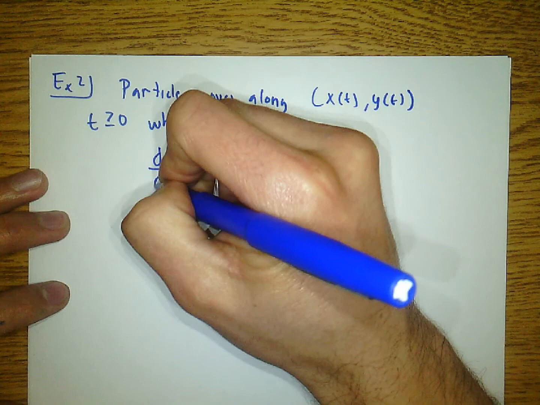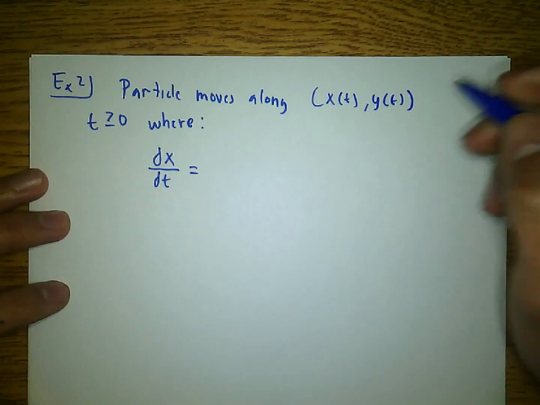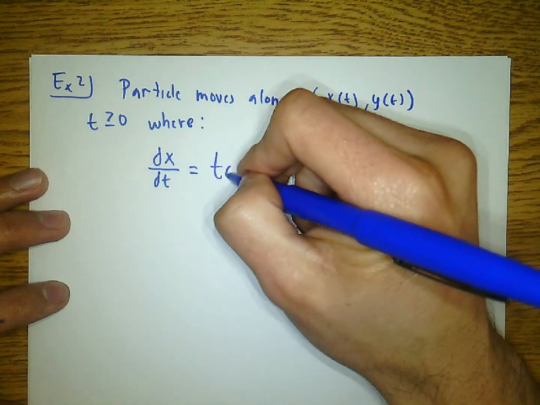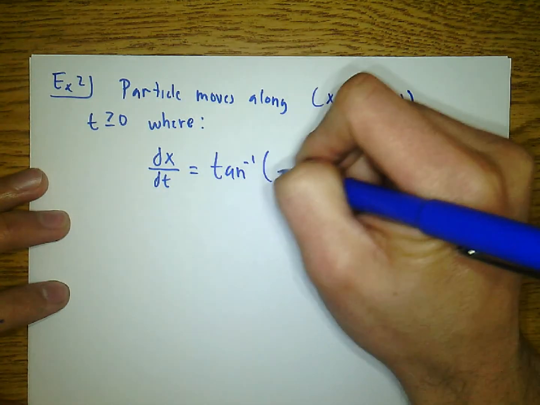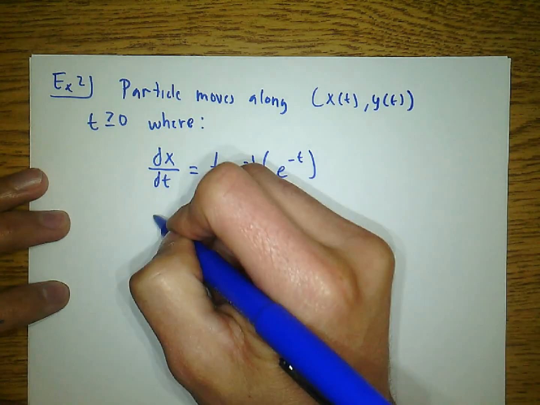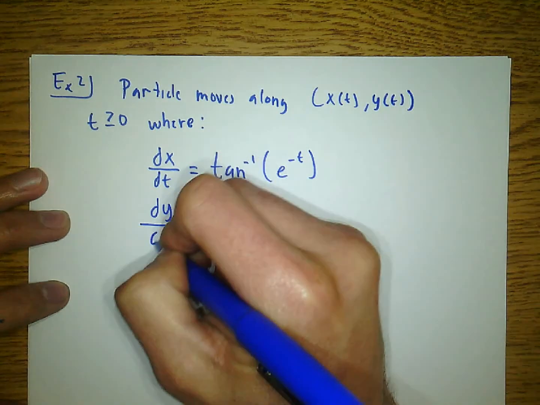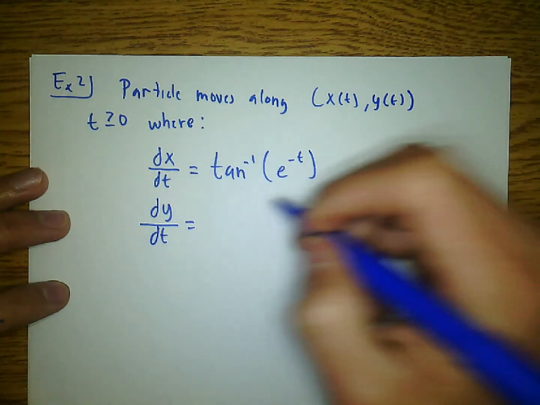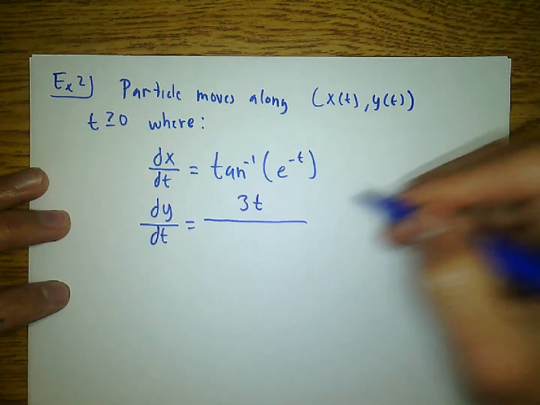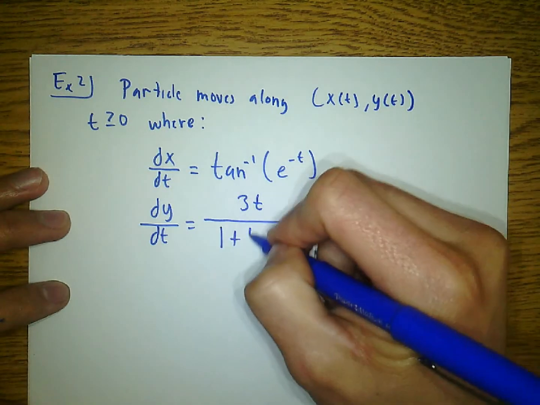The derivative of x with respect to time is equal to inverse tangent of e to the negative t, and the derivative of y with respect to t is equal to 3t divided by 1 plus 4t to the third power.